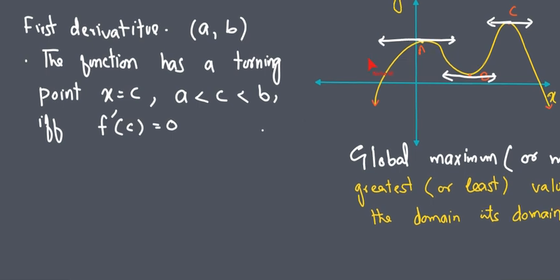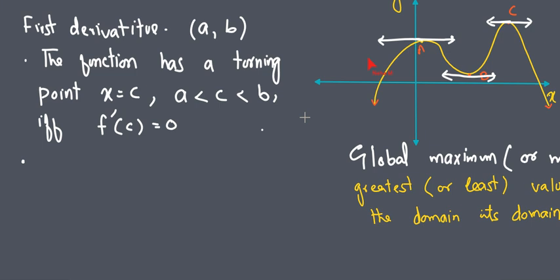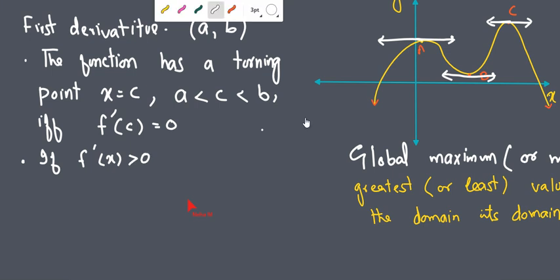Then how can we find our local maximum? So for this one, we said if the derivative of the function is greater than 0. Now let me explain first graphically.